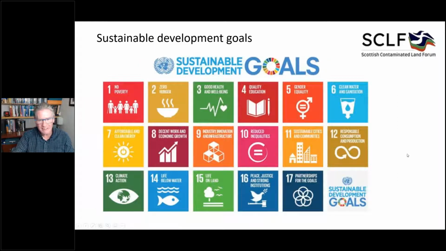So you've probably seen this slide from some of the presentations yesterday. It just shows the UN Sustainable Development Goals. And as you probably know, there's 17 goals.